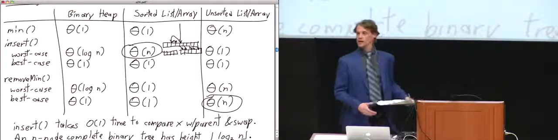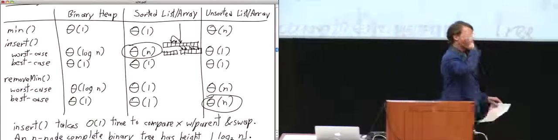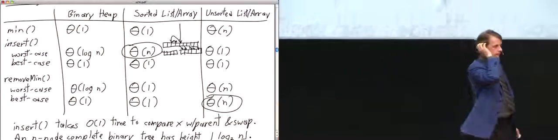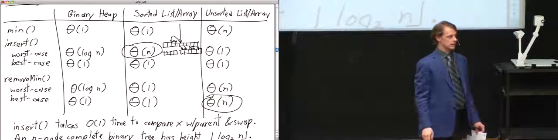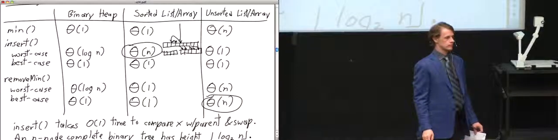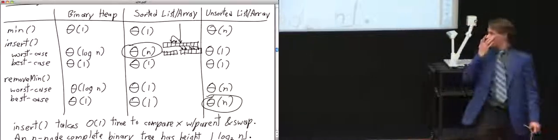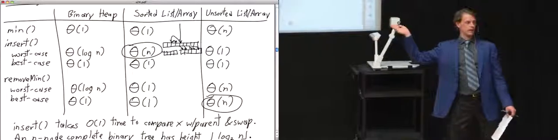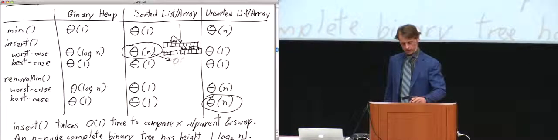Other questions? Well, this is big O and big omega, because each big theta means it's both big O and big omega.